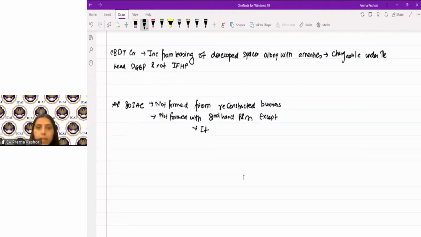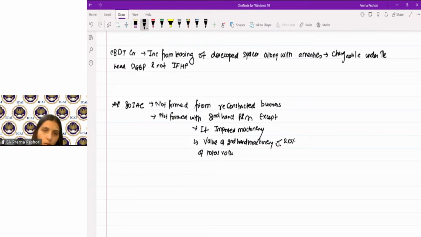If the second hand plant and machinery is imported machinery, and secondly, no deduction for that machinery has been claimed in India, and where the value of second hand machinery is less than or equal to 20% of total value of plant and machinery. Are we clear? Then that is only the condition.